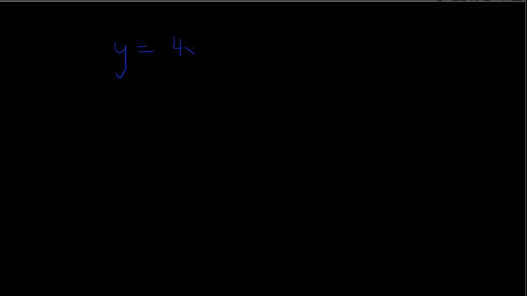Y equals 4x cubed over 3 minus x. The 3 comes down here, and I subtract 1 in the exponent. And because I have a 3 in the denominator and the numerator, they're going to cancel each other out.